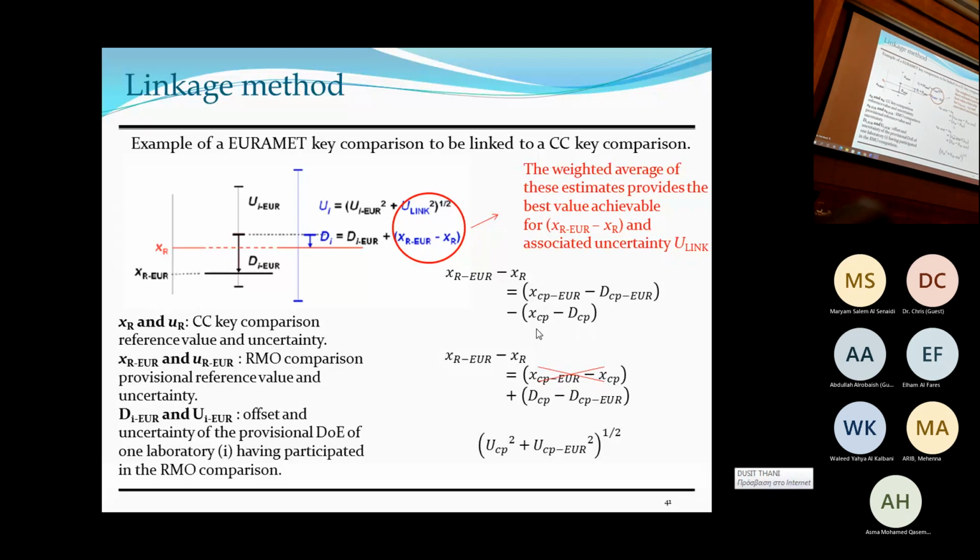You need this information, which is available because there are reports. You can use the reports to determine these things and the uncertainties, of course. So obviously then the linked result will have an increased uncertainty. So it's not just the uncertainty that it had when it was referred to the RMO, but it's that plus something else.